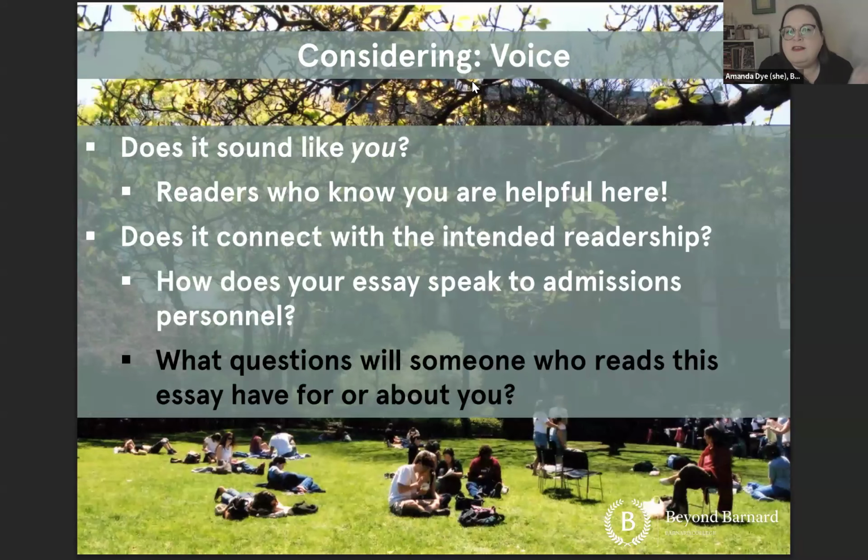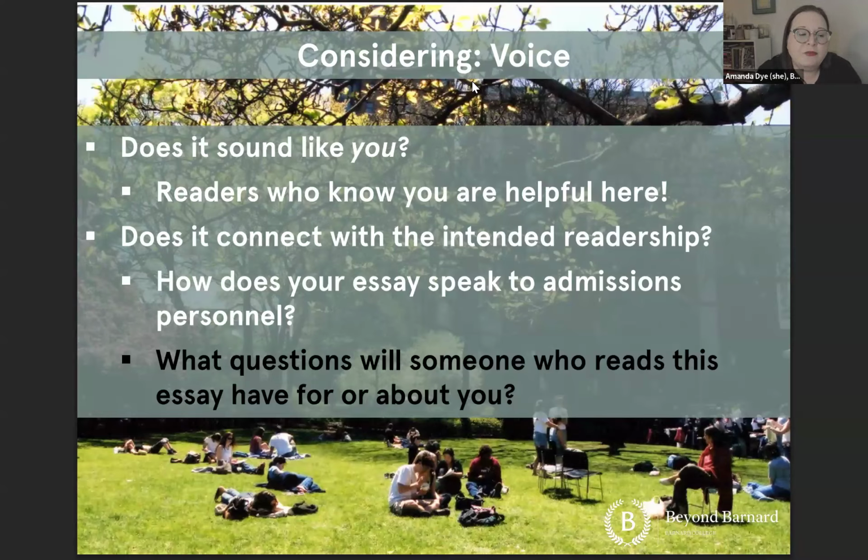Voice, I find, is distinctive from tone, because what I mean by voice is: does it sound like you? This is where readers who know you are helpful, right? Someone who knows you really well, even if they're not particularly interested in health professions or pursuing a profession like that themselves.